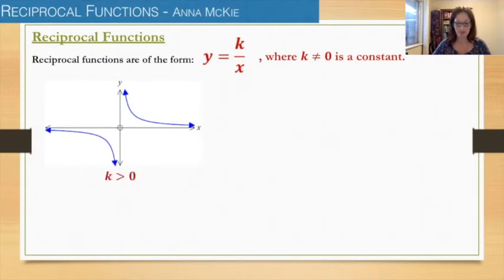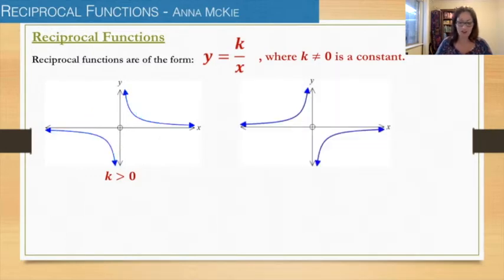Fancy talk there. So, graphs here where k is greater than 0, and as you'll notice we've got two parts to this graph, one on either side of the y-axis and the particular shape that they follow there. And we say that that is asymptotic there.